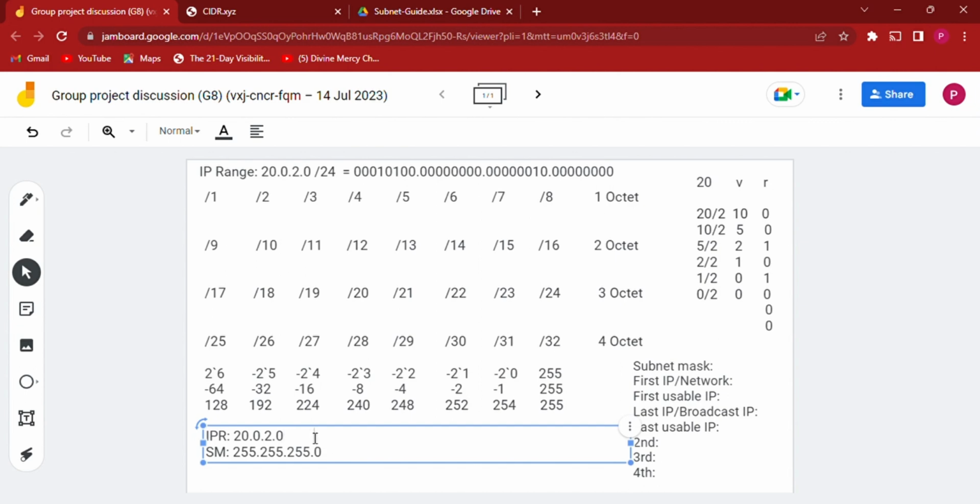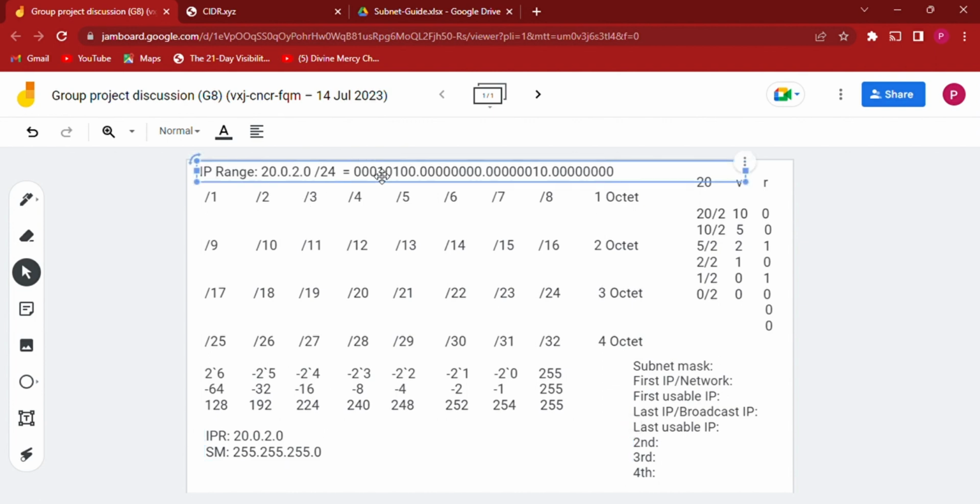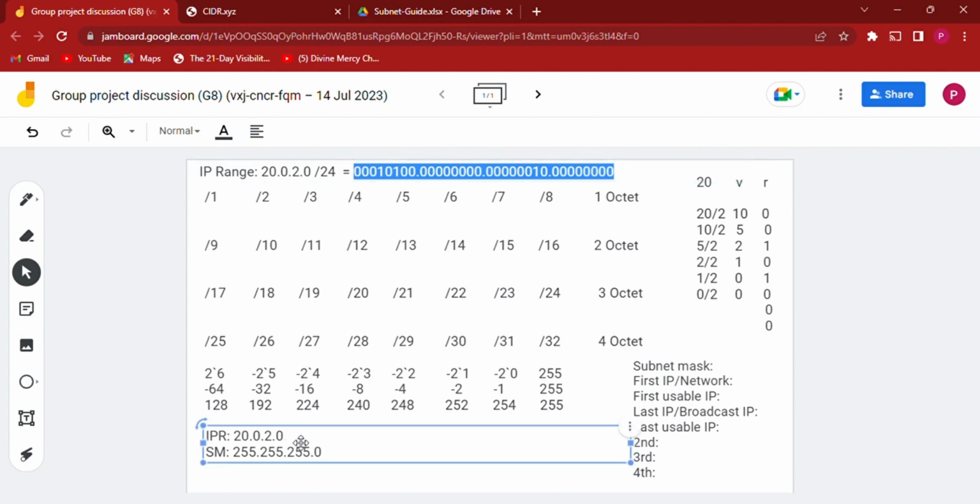So when you convert the IP range, we converted it initially and we got this, so put it here.